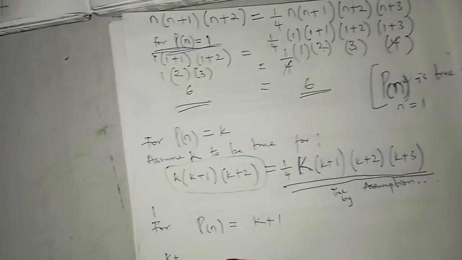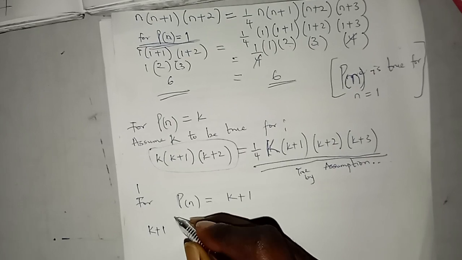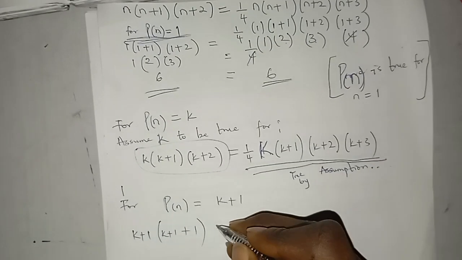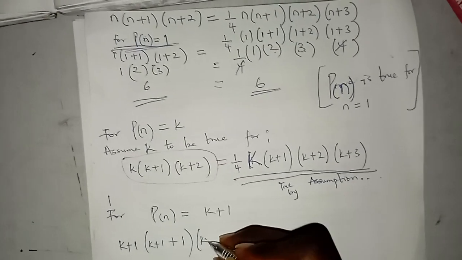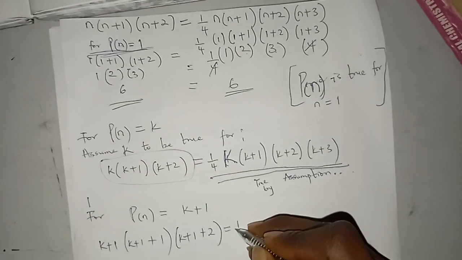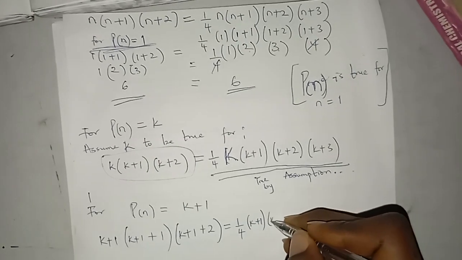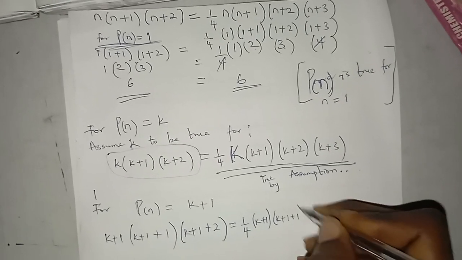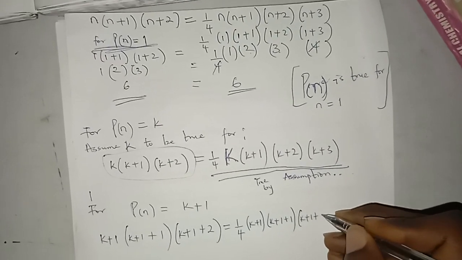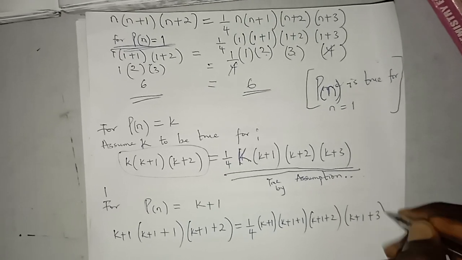So I'll have k plus 1, then k plus 1 plus 1, then k plus 1 plus 2 equals to 1 over 4 k plus 1, k plus 1 plus 1, k plus 1 plus 2, k plus 1 plus 3.